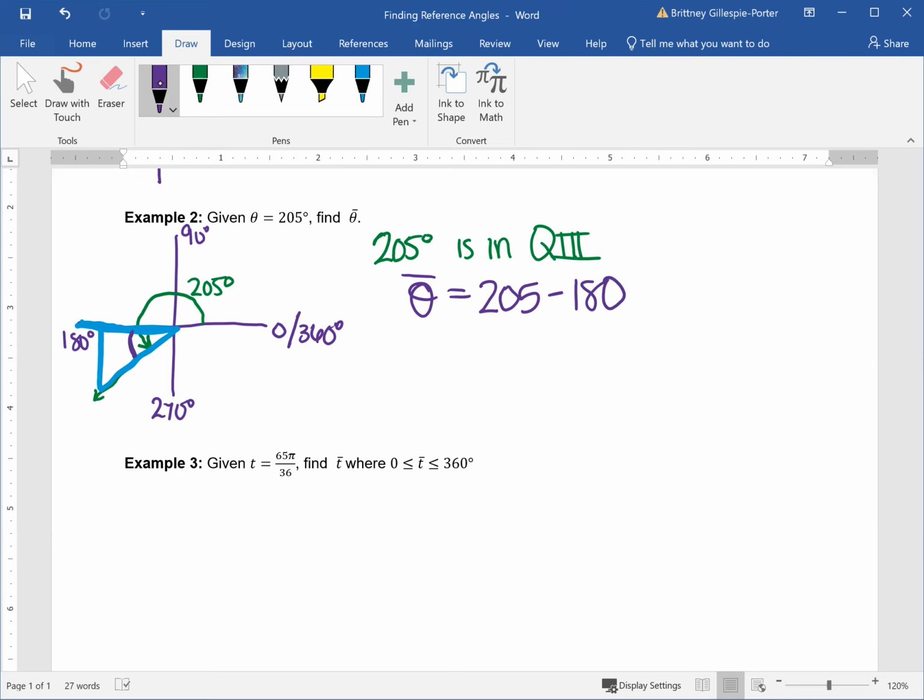What angle would this be if I was drawing my triangle? We find out that our reference angle is 25 degrees. So if we were working to find the trig functions of this triangle, I would start out by saying that my reference angle, theta bar, is equal to 25 degrees.